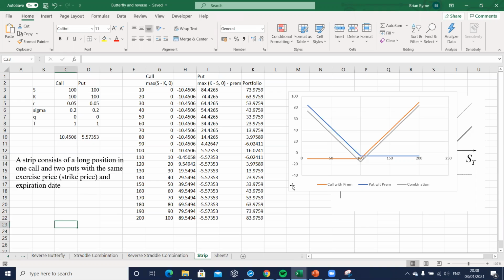And very simply, all this entails is that instead of having one put, we're going to have two put positions. They're long positions, so no problem. And we just very simply multiply the put by 2.